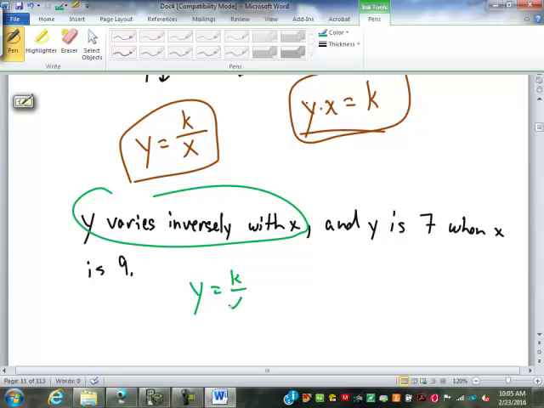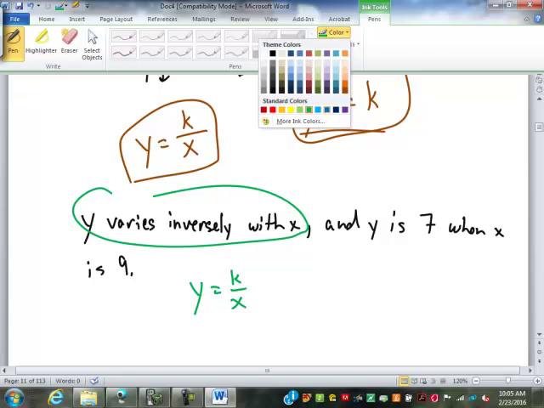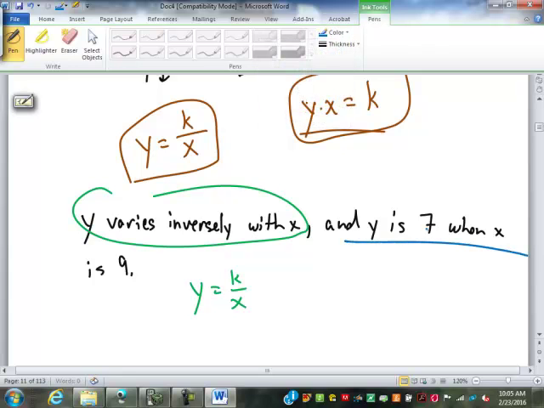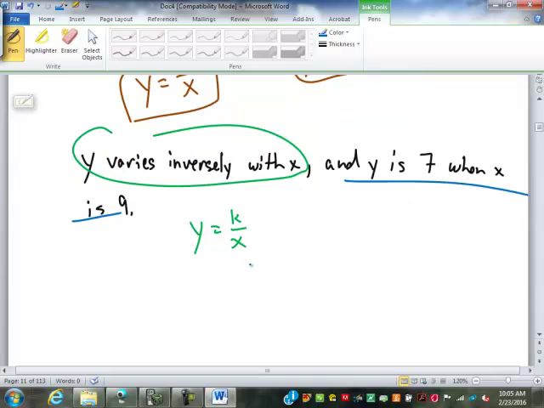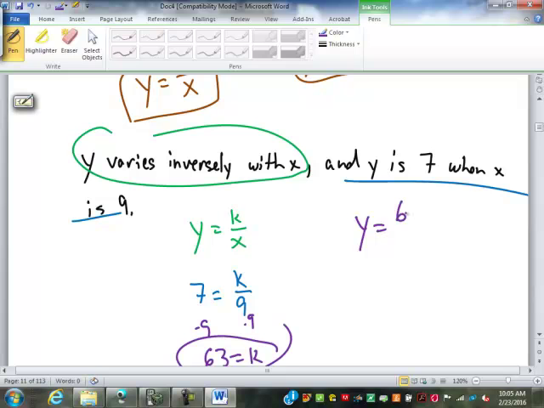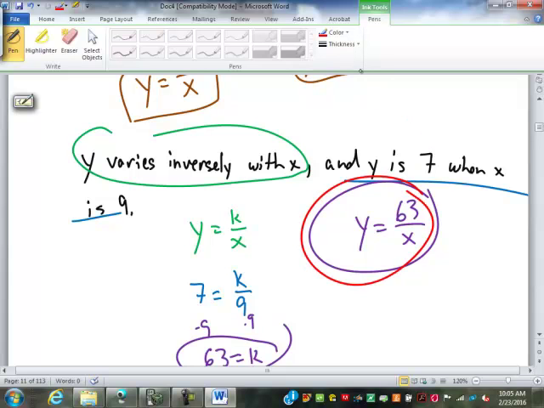Instead of y equals k times x, it's y equals k divided by x. Then y is 7 when x is 9. Put in 7 for y, you put in 9 for x, and you find what? We're going to multiply both sides by 9, 63 equals k. So what we're getting here is y equals 63 over x. Good questions?